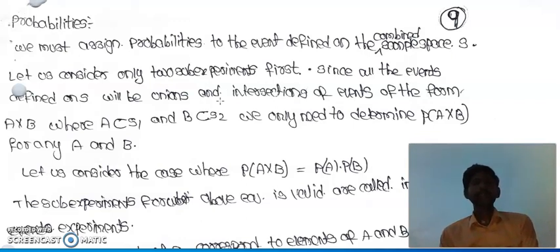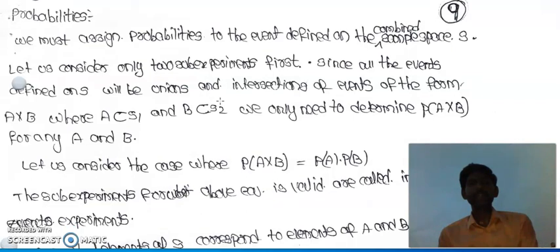We must assign probabilities to the events defined on the combined sample space S. For that, let us consider only two sub-experiments first, since all the events defined on S will be unions and intersections of events of the form A cross B, where A is a subset of S1 and B is a subset of S2. We only need to determine P of A cross B for any events A and B.